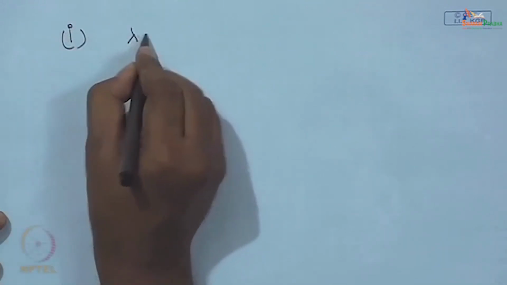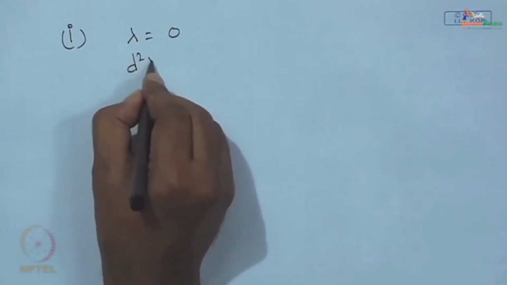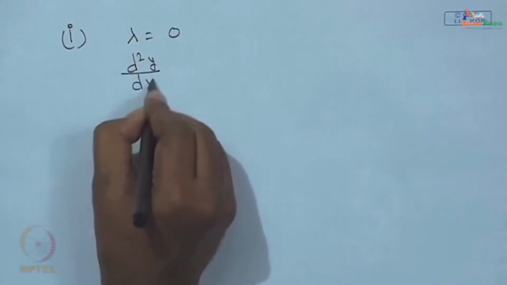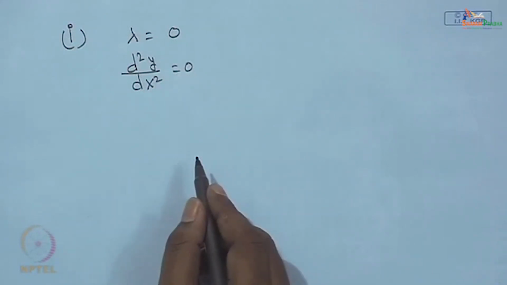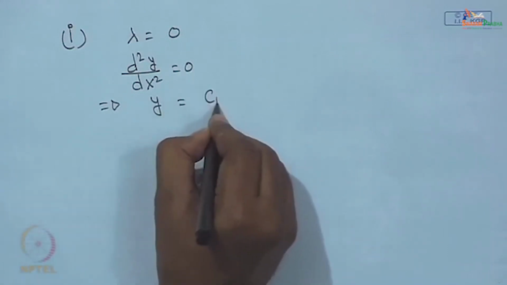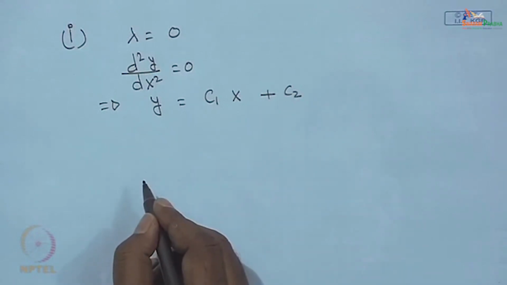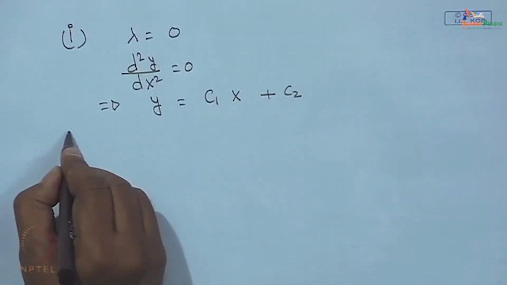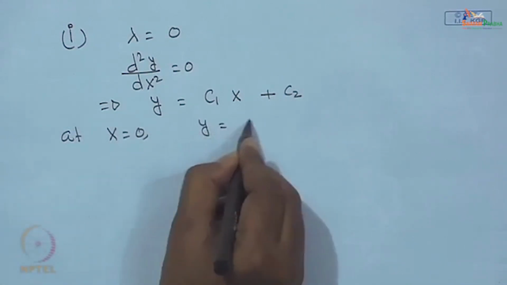So, case 1 is lambda is equal to 0, and again the form of the differential equation is d square y dx square is equal to 0, and we know the solution to this problem, and the solution becomes y is equal to C1 x plus C2. Now, let us put the boundary conditions. The first boundary condition is at x is equal to 0, y is equal to 0.